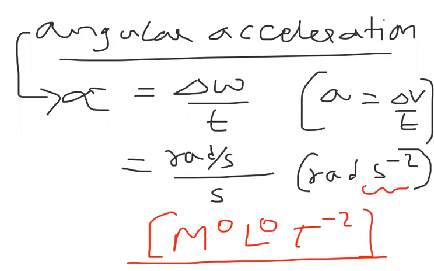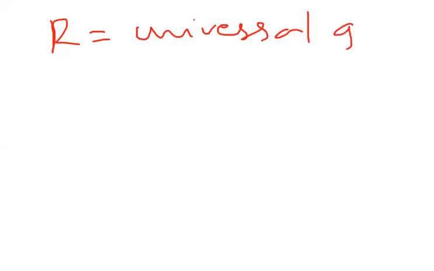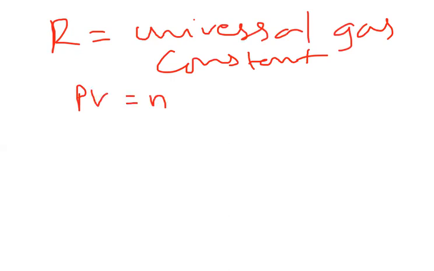Now let us observe one special quantity related to heat. I have taken capital R, which is the universal gas constant. From gas laws and the ideal gas equation, PV equals nRT, so R is PV by nT.